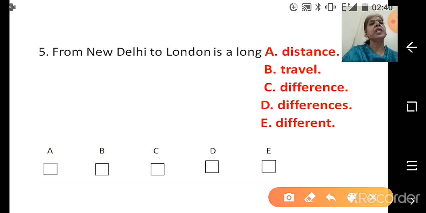So when you read the full sentence, you will come to know the answer. From New Delhi to London is a long distance. Which option it is? A.